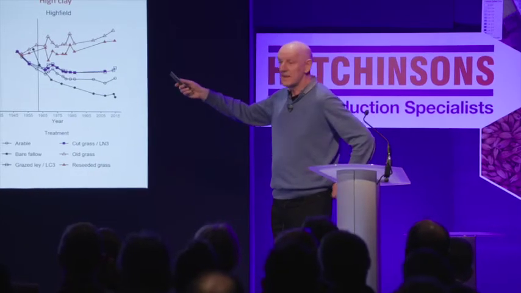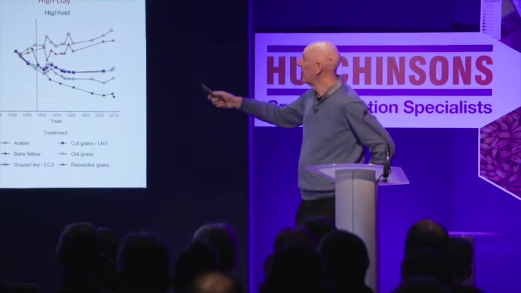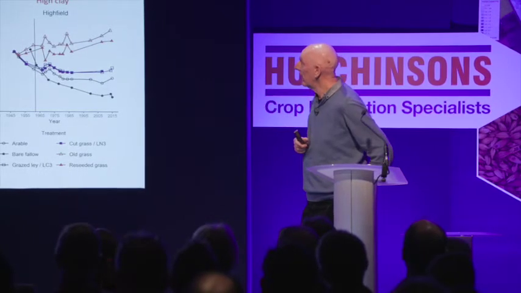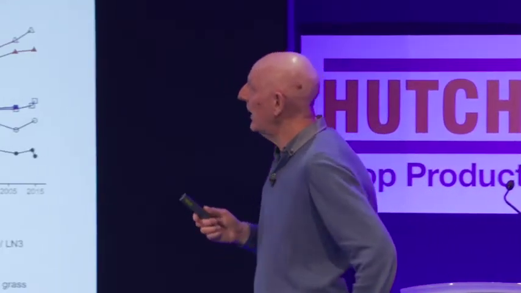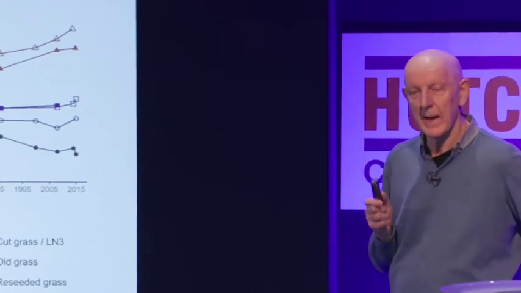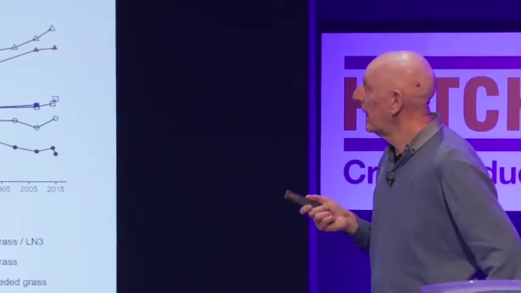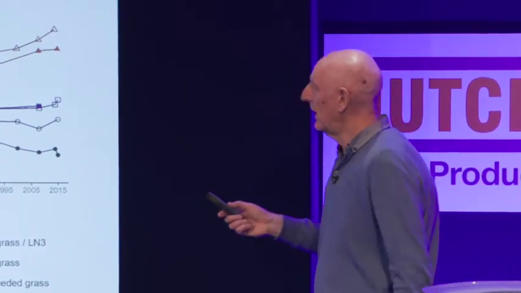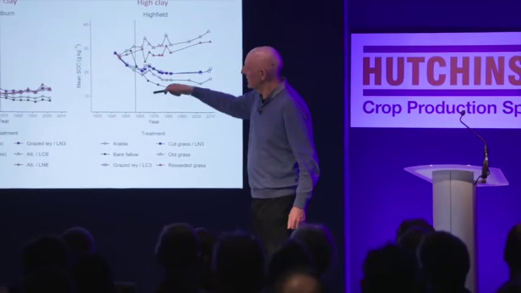So Woburn is a sandy soil with a low clay content. The Rothamsted is a silty clay loam, high in clay. And these are 70 years of data, of evidence. And it's actually the only picture I'm going to show with soil organic carbon only. Now that's interesting because nearly all the papers on carbon only talk about soil organic carbon on this axis.